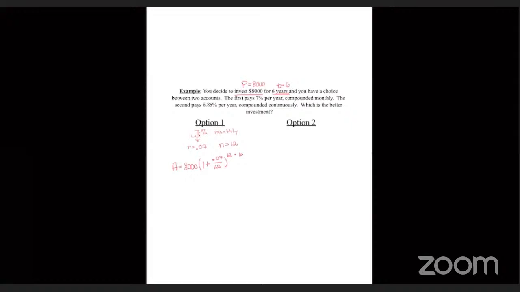So if I go type that into my calculator here, I would start with 8,000 times 1 plus, and some of you will have an option here, and I don't think I do, so I'm going to have to make mine into a fraction by doing 0.07 divided by 12.